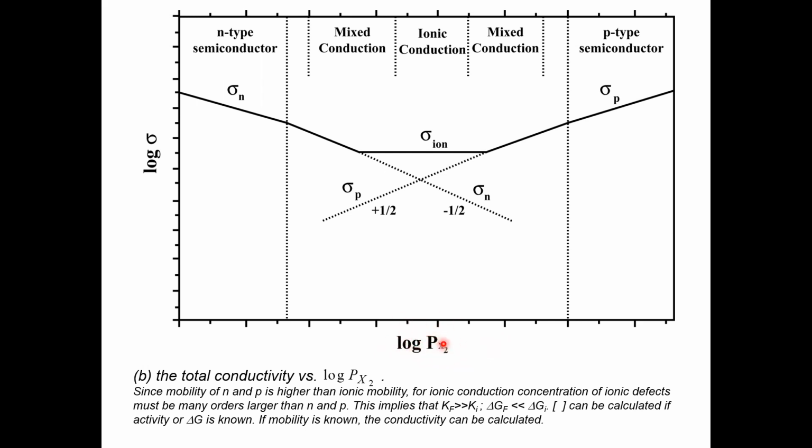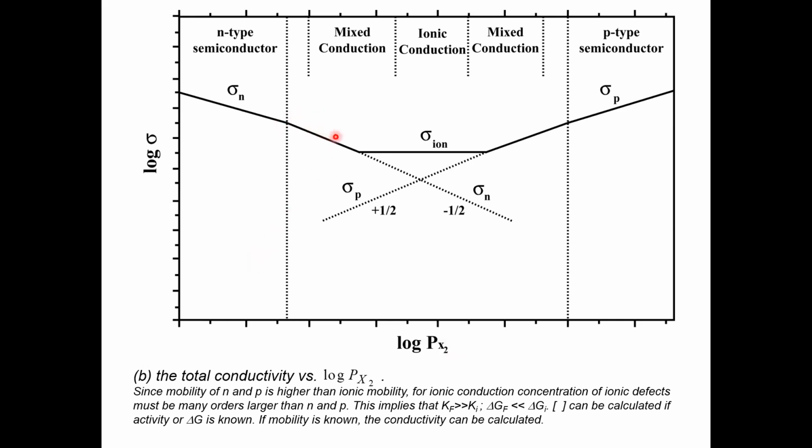But for oxide, this is primarily oxygen partial pressure. So you can see, for example, in stabilized zirconia, you can get N-type behavior at very low oxygen partial pressure.